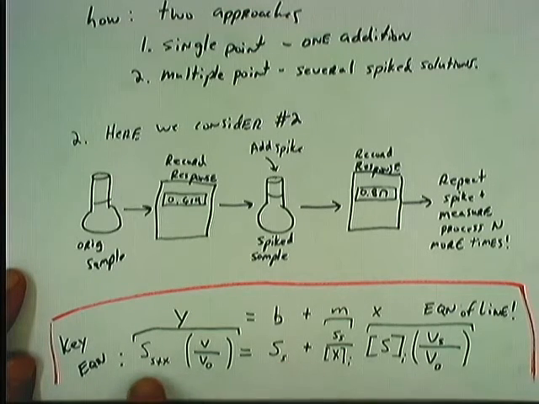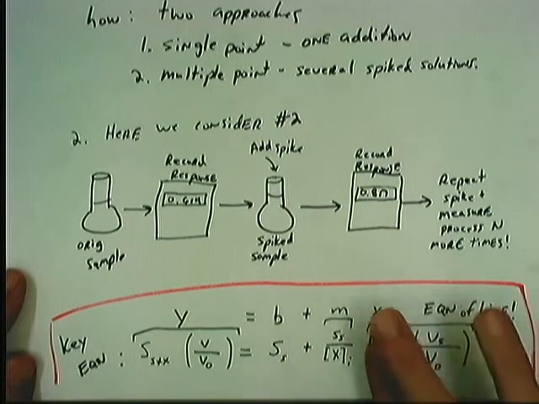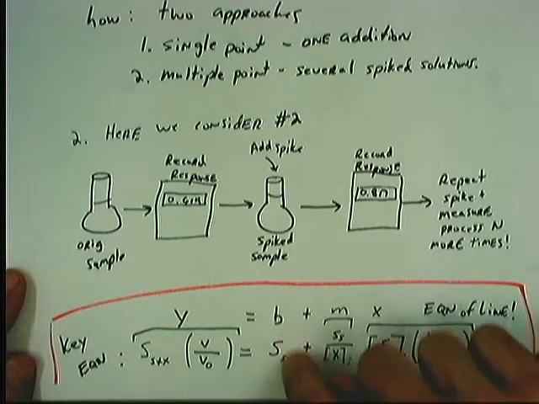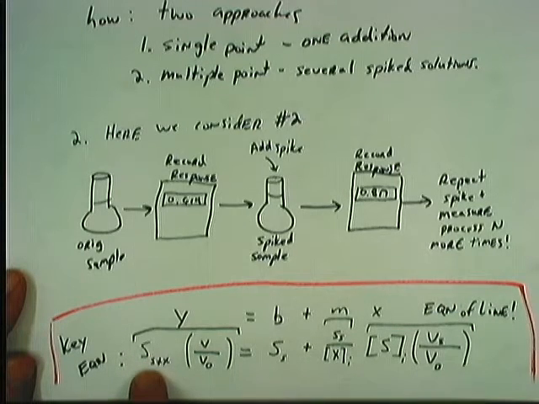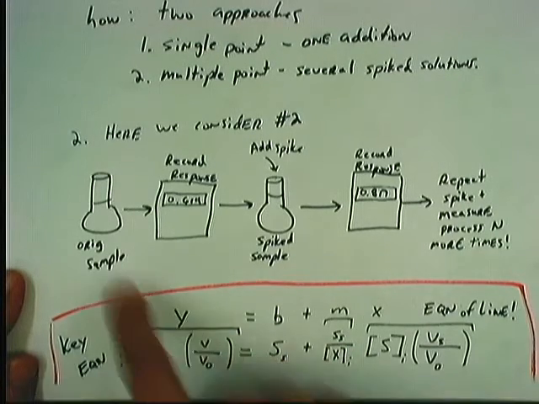These S terms, you'll find one here, here, and up here. Not this one, okay, but this one, the S sub S, and S sub S plus X. Those are going to be the signals that our detector responds with. The S sub S is our original signal from the original sample.